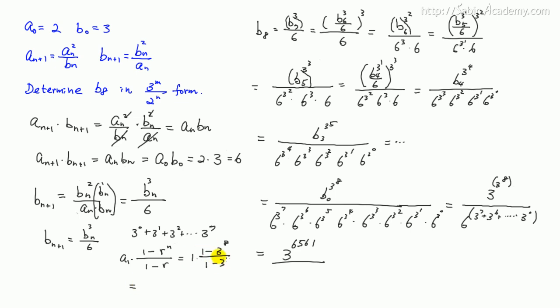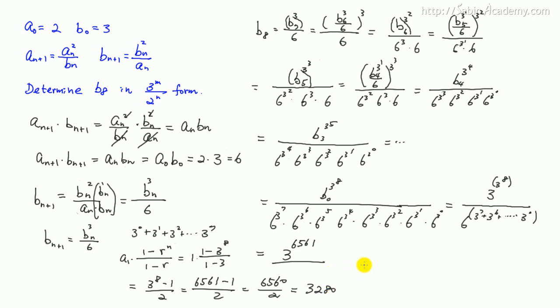It would be more convenient if we flip it over. So 3 to the 8th minus 1 over 2 is what we get. 3 to the 8th we just computed is 6, 5, 6, 1. And then if you subtract 1 and divide by 2, that would be 6, 5, 6, 0 over 2, which gives you 3, 2, 8, 0.